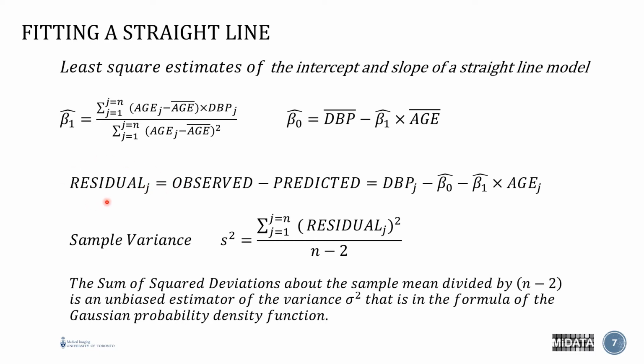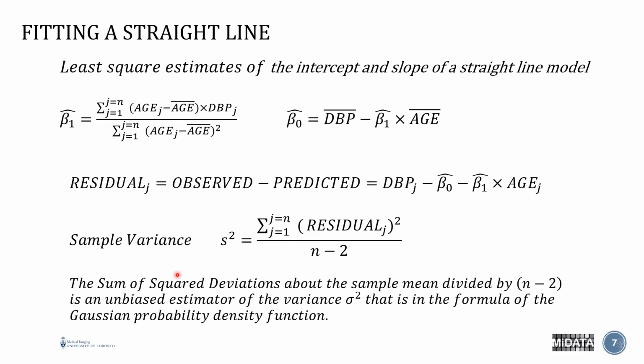The residual in this case, which makes sense, is the observed minus the predicted. That makes sense because you're looking at the difference between what you predicted and what you observed. And the observed minus the predicted, or the residual, is equal to your dependent variable value minus the other side of the equation, which is your intercept, beta naught, minus your slope, beta 1, times age.